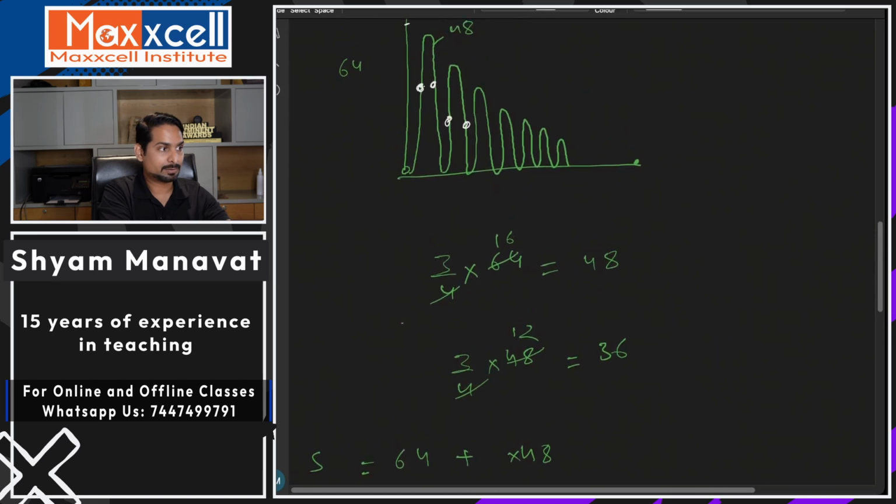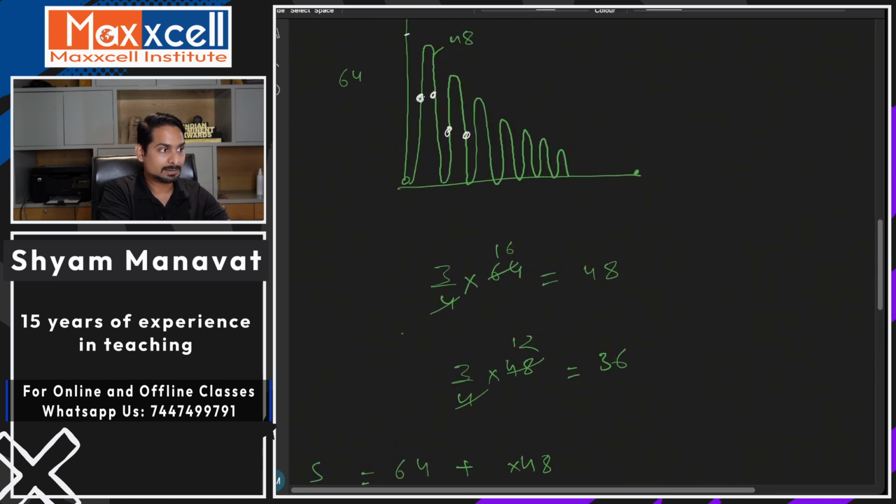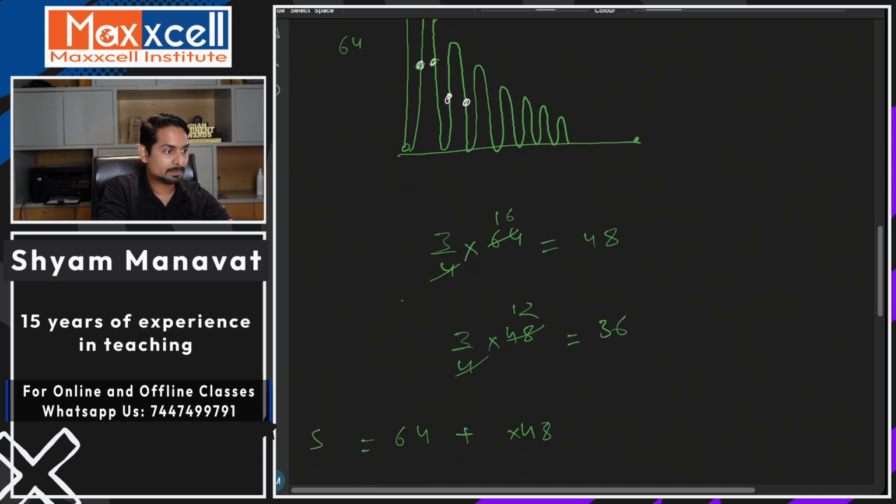If you look at the distance covered, this is 48 and this is also 48: going back up to a height of 48 feet and coming back down the same height, 48, right? So the 48 distance will be covered twice. Similarly, 36 will be covered twice. Are you getting it? And so on.